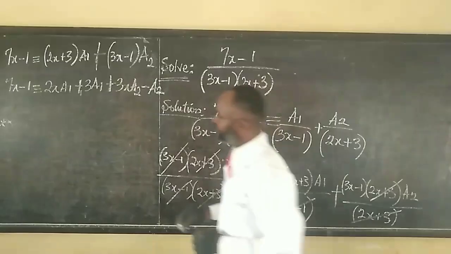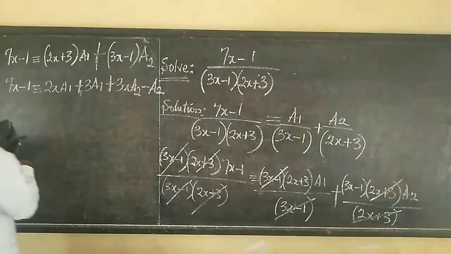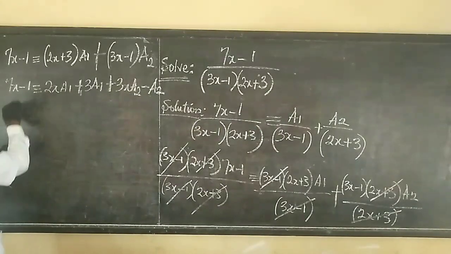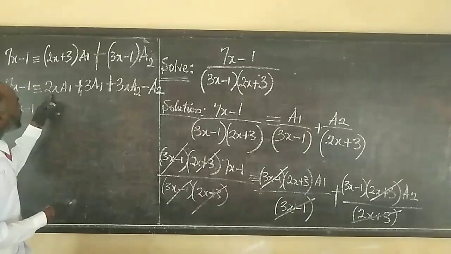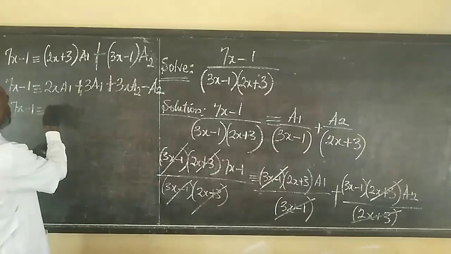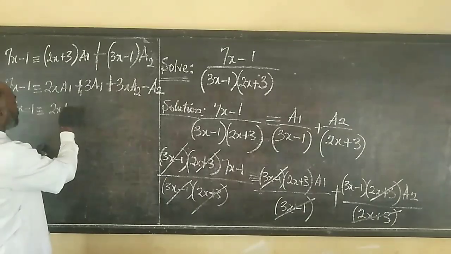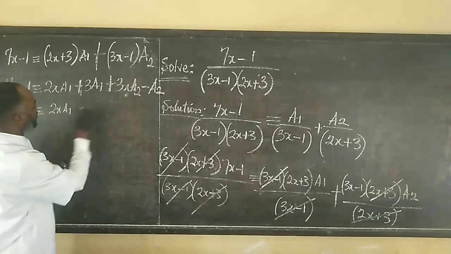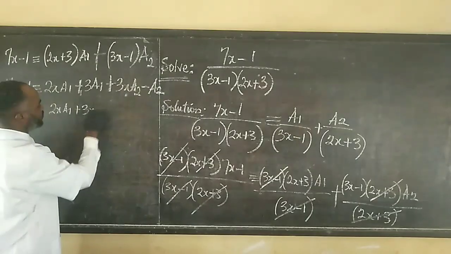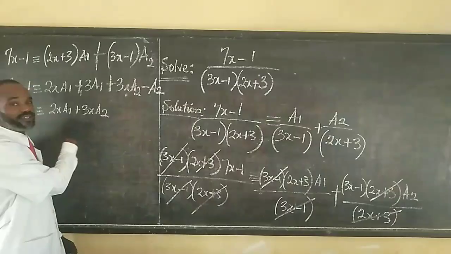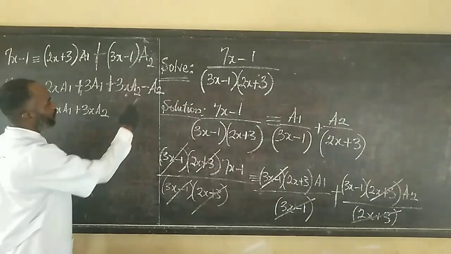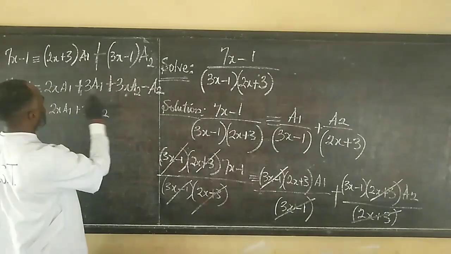So let's go. We have 7x minus 1 equivalent to, let's collect like terms. This, 2x A1, and then x is here, plus 3x A2 can come together because of the presence of x, all right? So minus A2, and this can come together.